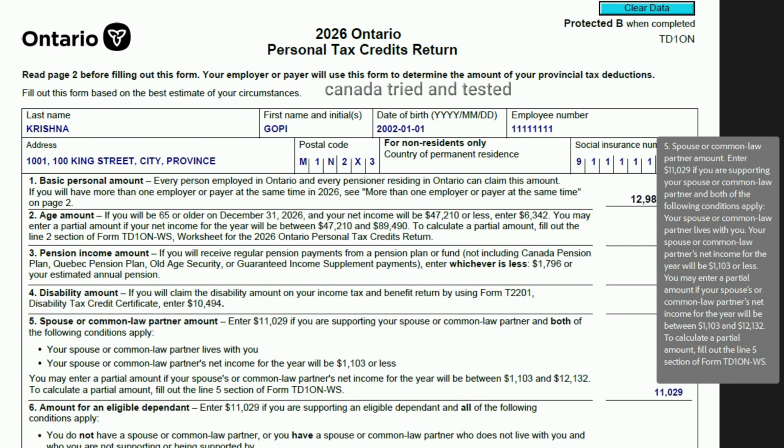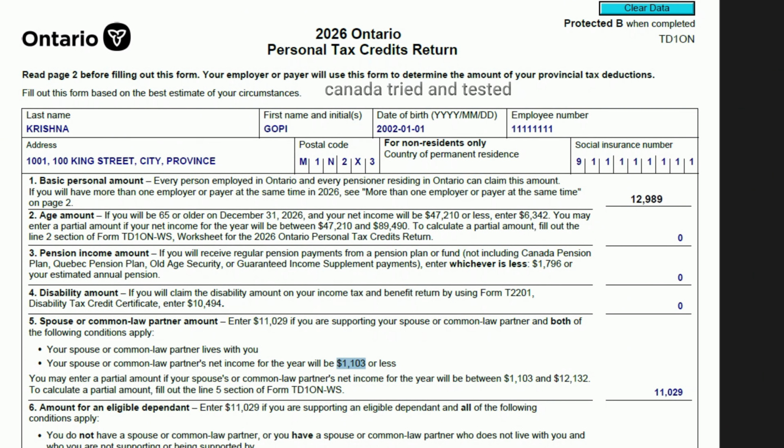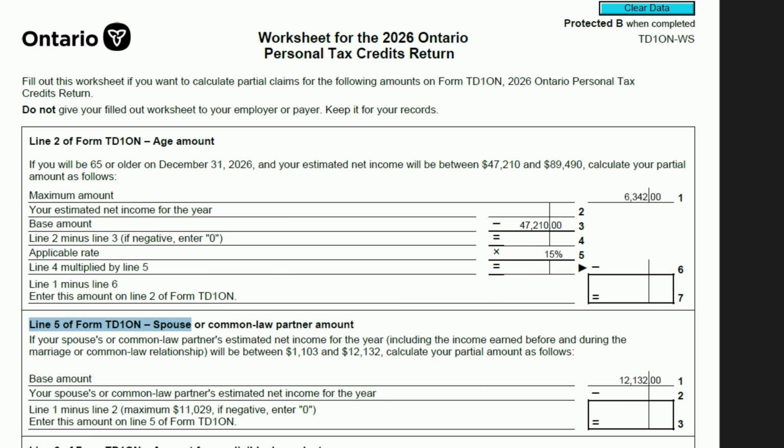If they earn between 1,103 and $12,132, for claiming a partial amount, you will have to fill out the line 5 section of form TD1 Ontario WS. This is line 5, and how this will work, you see, this base amount was already pre-filled, 12,132, and if the spouse income is 5,000, minus this gives you 7,132.